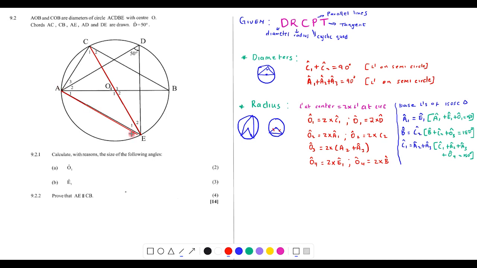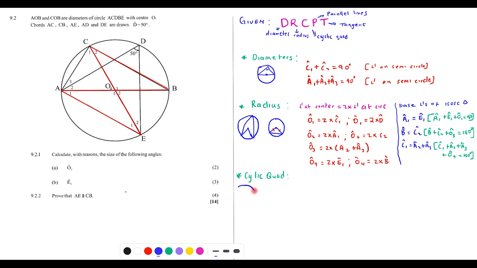It's a butterfly. 2, 2 like that, 3, 4. There we go, right? So this means that here we do have a cyclic quad, and the one that we see here is the angle on the same segment.